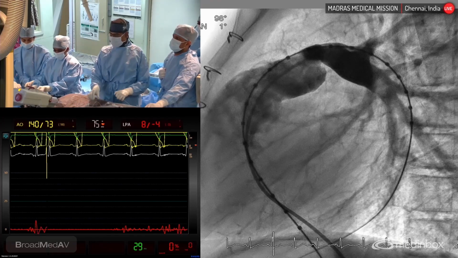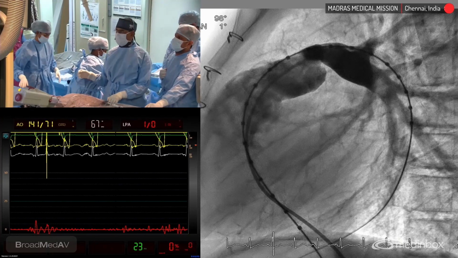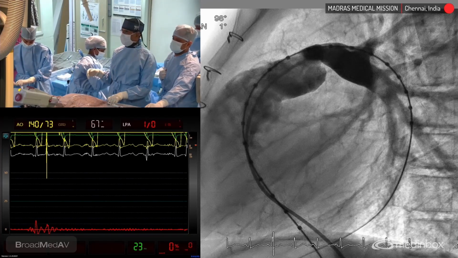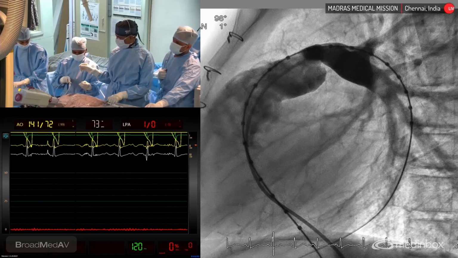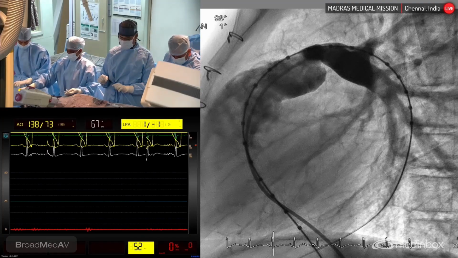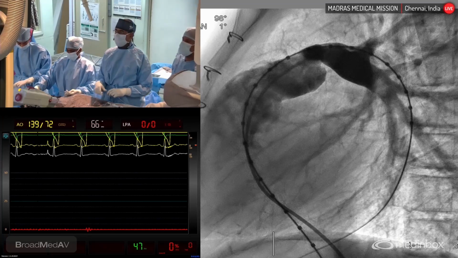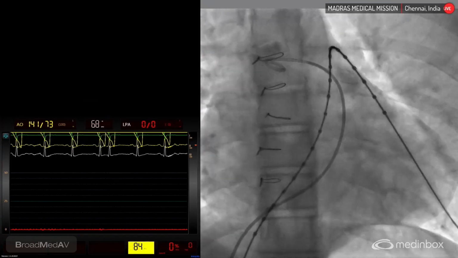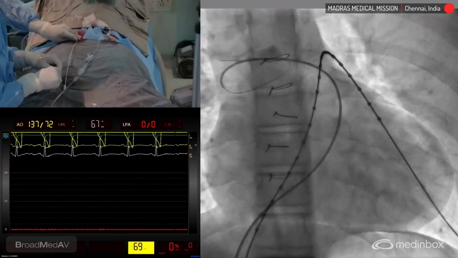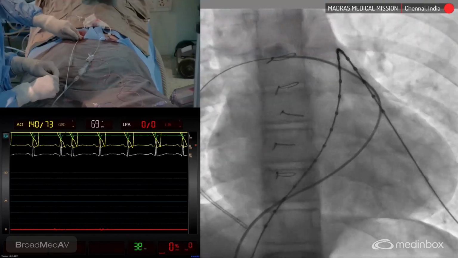For that, we are going to now advance a Terumo wire into this. Come to AP view. A Terumo wire into this right pulmonary artery.